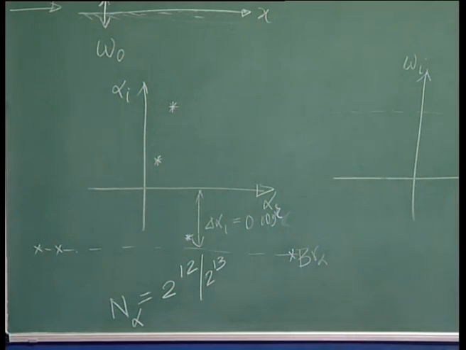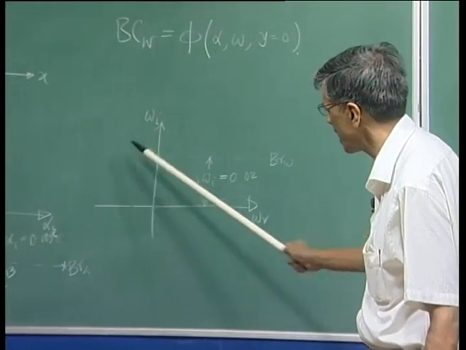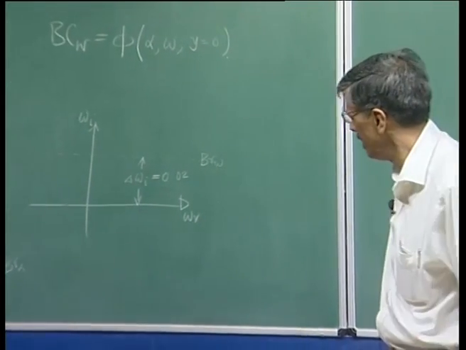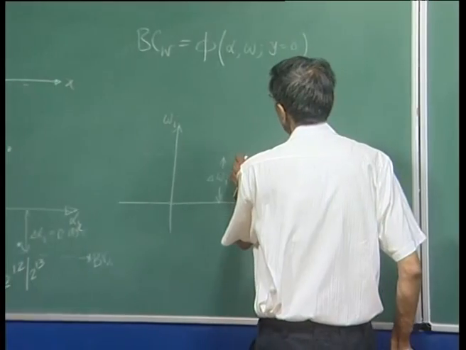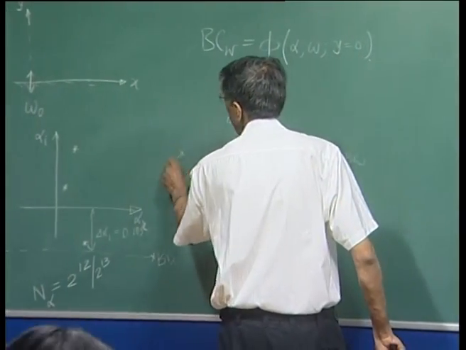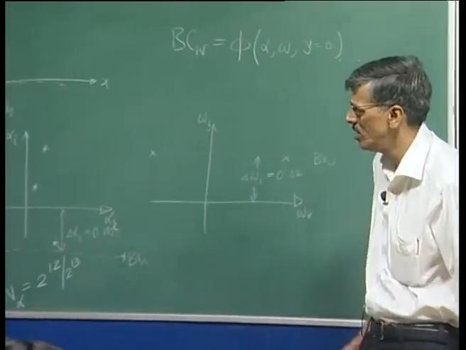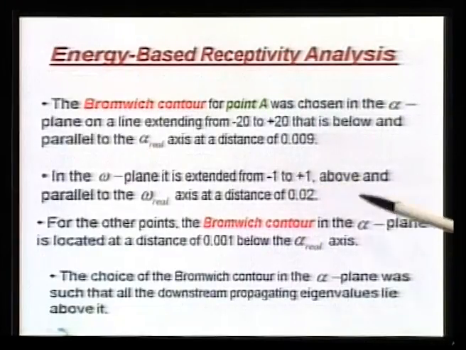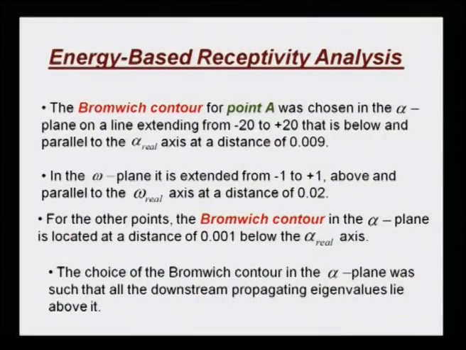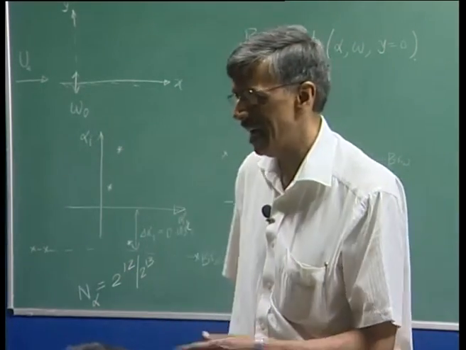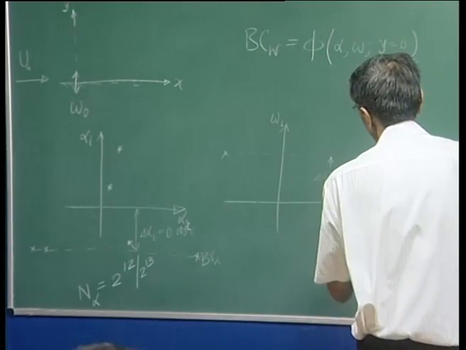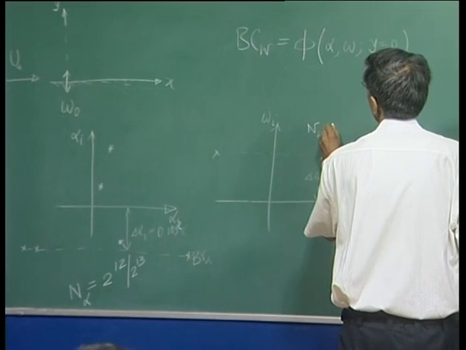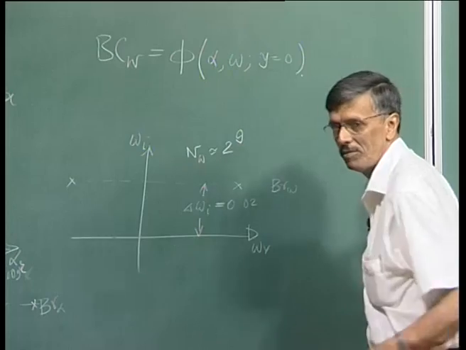We also have to take a large number of points in the omega plane, and some of the calculations we have done were again taken from some omega range. This omega range is, interestingly, far smaller, minus 1 to plus 1, and we have taken something like 2 to the power 9, 512 points.